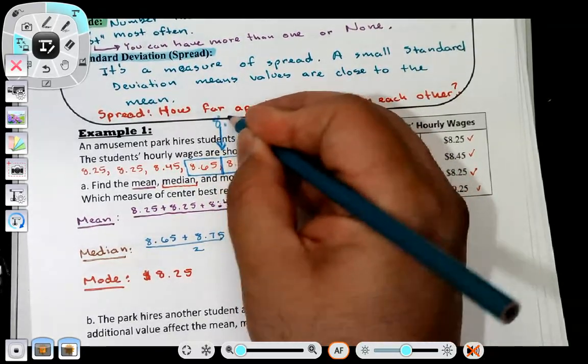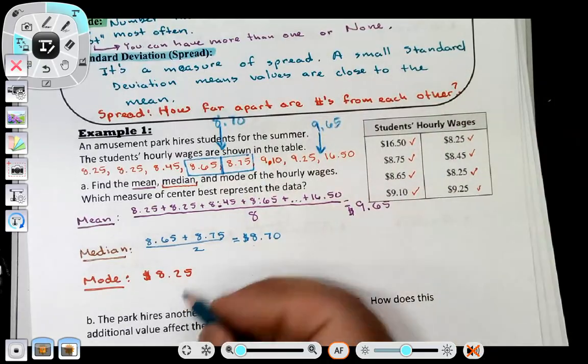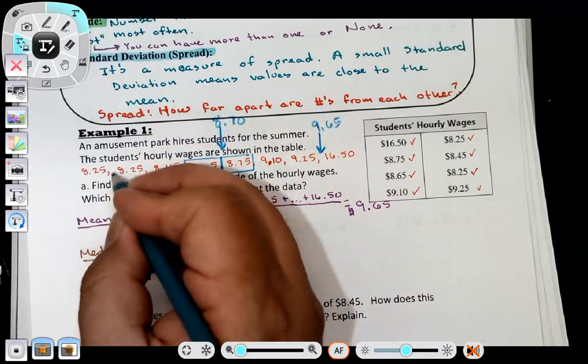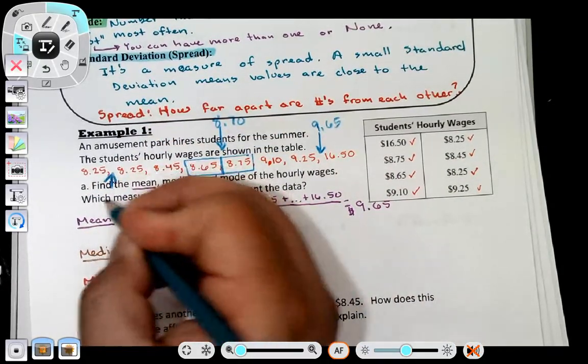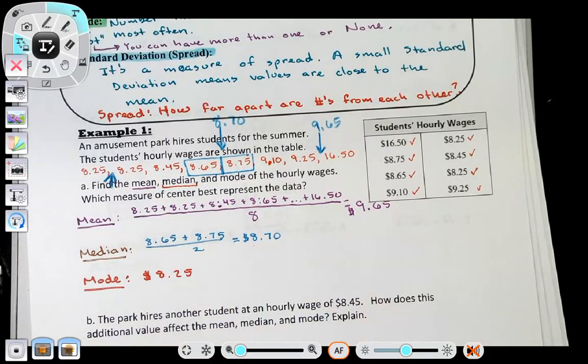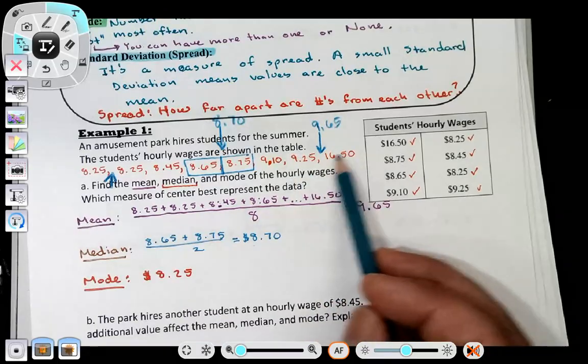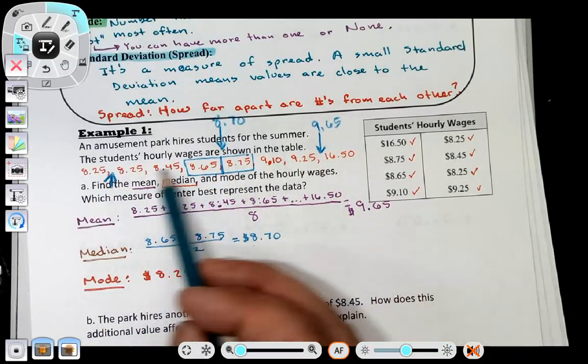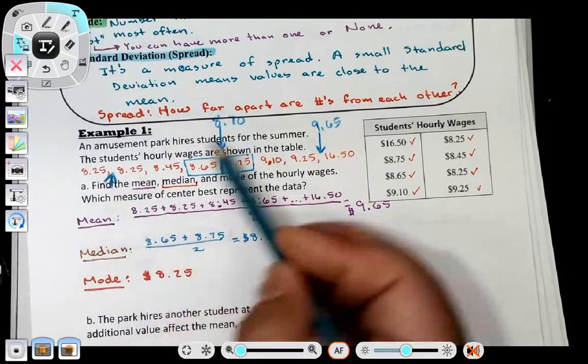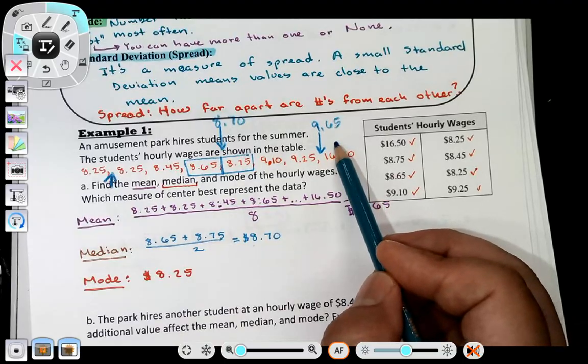There's 870. And then 825, well, that's over here. 825 is right there. Which one of these three numbers would better represent all the numbers that we see here? Which one do you think? The 825, the 870, or the 965?